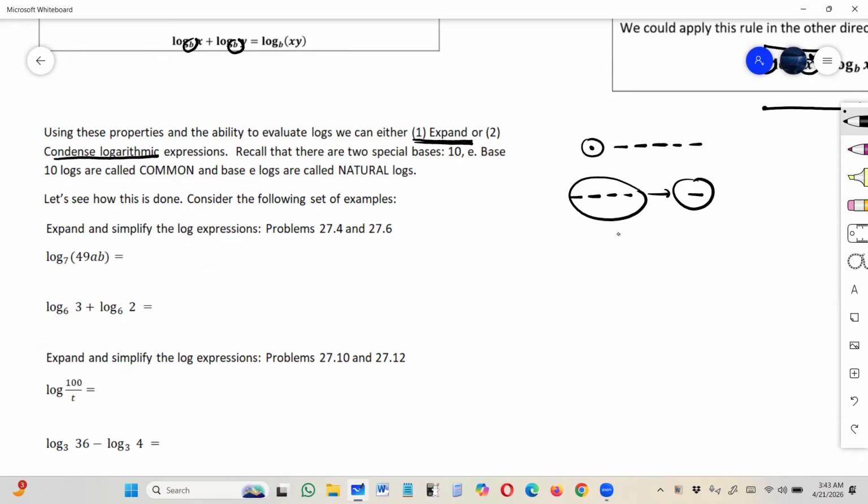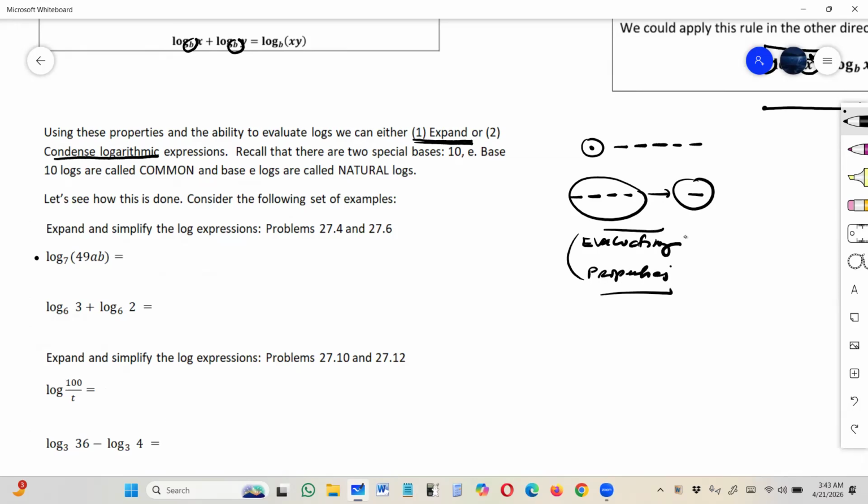All right. So let's take a look. So here's the first example. And we're going to apply either the concept of evaluating logs, or we're going to apply the properties of logs.